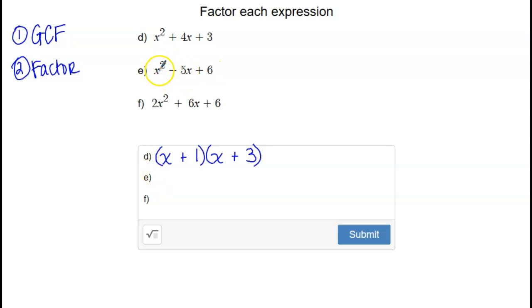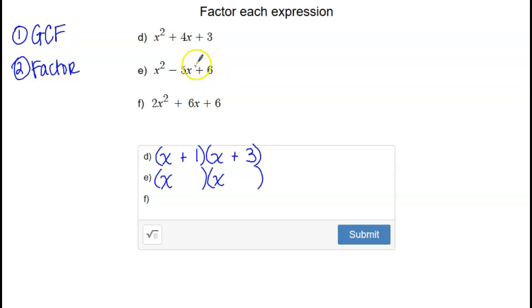So we look at the degree to figure out how many factors we need to set up. And we have x squared minus 5x plus 6. So we know that x times x is x squared. And now we need factors of positive 6 that also add to negative 5.